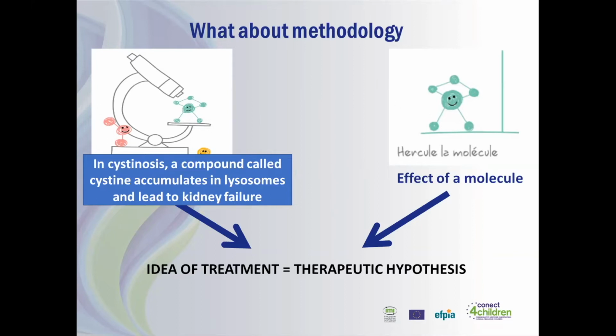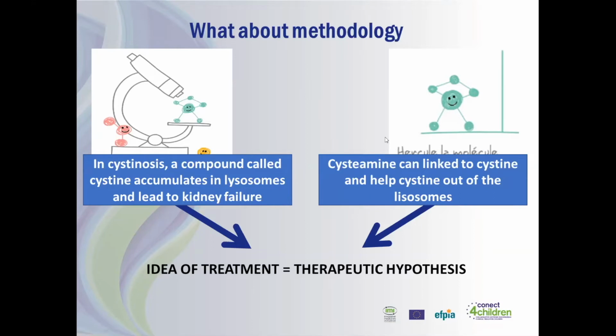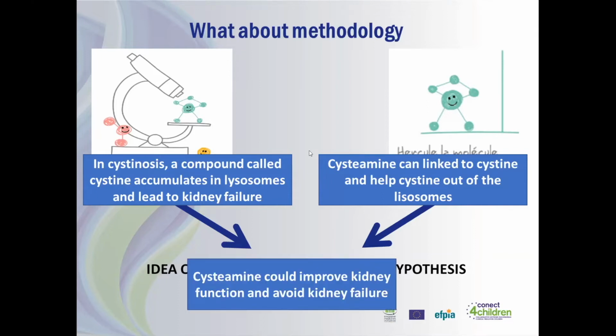So that was the old hypothesis, the old mechanism. And then we found in the 90s cysteamine, which can link to cystine and help the cystine get out of the lysosomes. So probably here we have an idea that cysteamine could improve kidney function and avoid kidney failure. So this is our hypothesis.